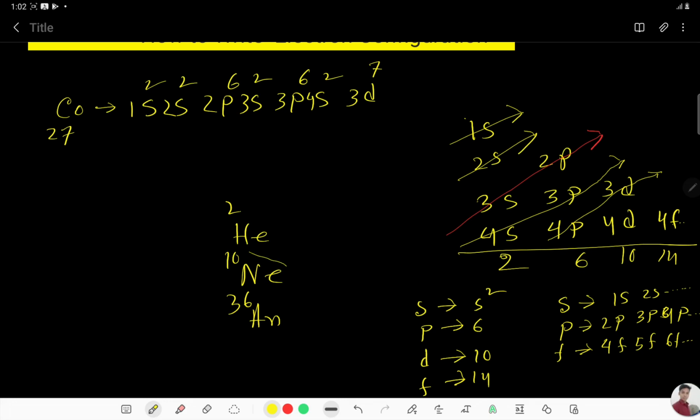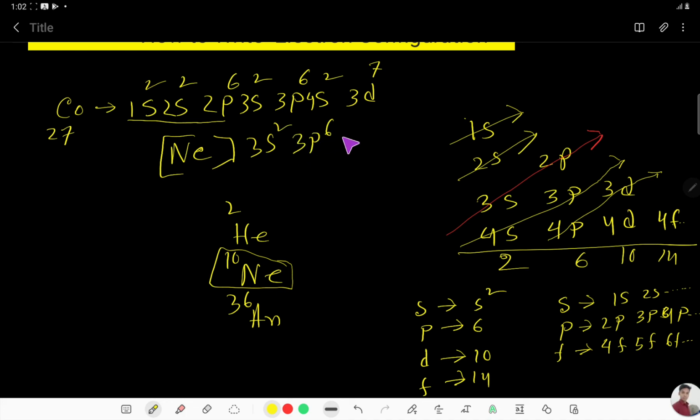Neon is 10 electrons. Then we have 3s2, 3p6. Look, we have helium 2, neon 10, argon 18. Argon is 18.